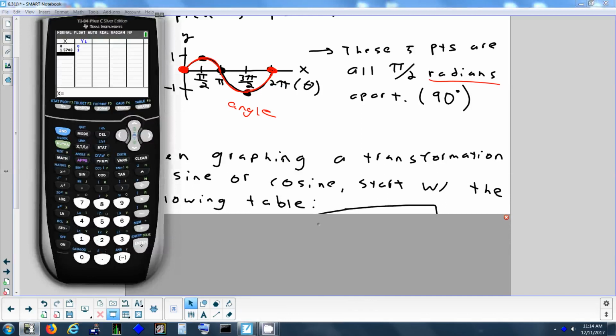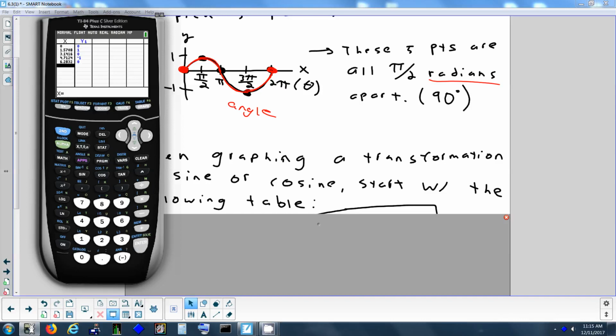It's up at 1, so it's going to be the second row in our table, but we're not going to write it as a decimal. At pi, what does it look like the y value is? 0. Yep, pi, we're back at 0. 3 pi over 2, that's the lowest point, -1. And then 2 pi is a repeat of 0. 2 pi is starting the next period, so we're right back where we started.